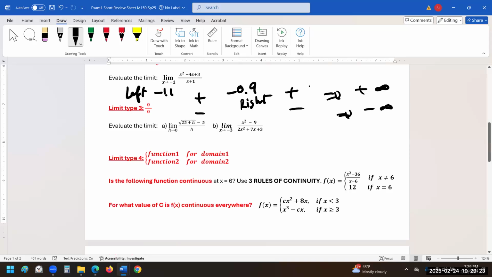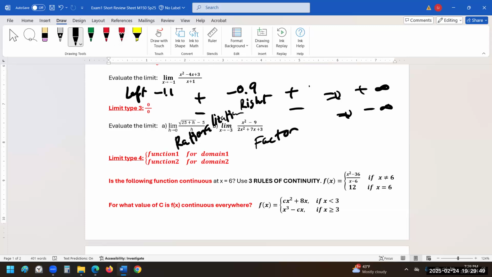0 over 0 means something is wrong with the function, so modify your function based on what type of function you have. For example, here, you're going to do factor and cancel. But for the first one, what's the step to modify? Radical, the conjugate. Rationalization.